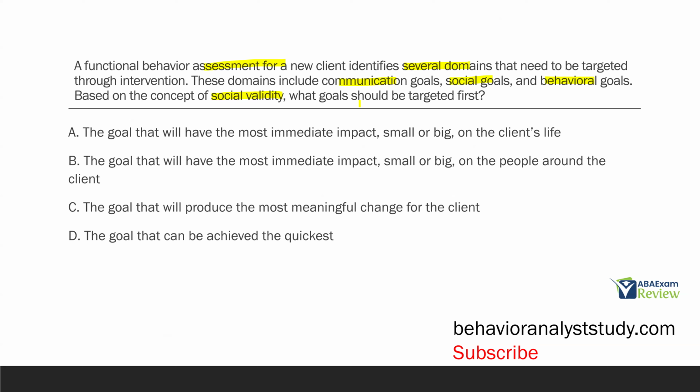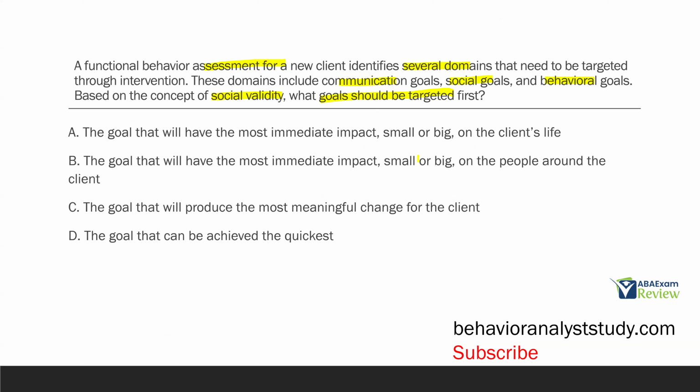And so, if we're trying to identify the goals that we are going to target first based on social validity, what should we choose? A, the goal that will have the most immediate impact, small or big, on the client's life. Now, immediate impact is good, but when we say small or big, we're not really sure what that immediate impact will be.